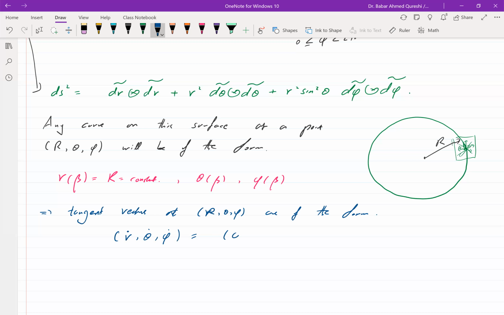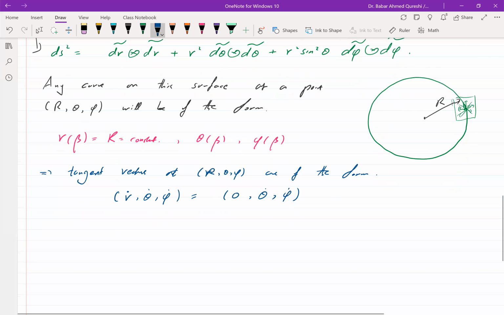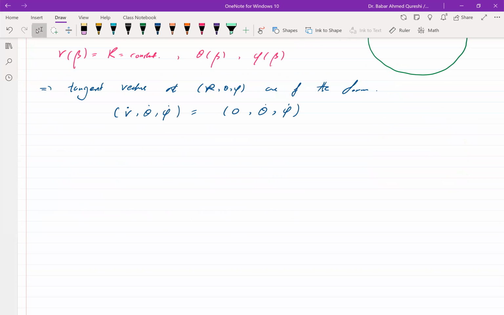So they will be of this form. The first component is not even there, so I can just forget about it. I know that at any point it's a two-dimensional vector space. Depending on what functions I use for theta and phi, I'll get different vectors, but they will all be living in a two-dimensional space, forming just a two-dimensional vector space because it has only these two components.